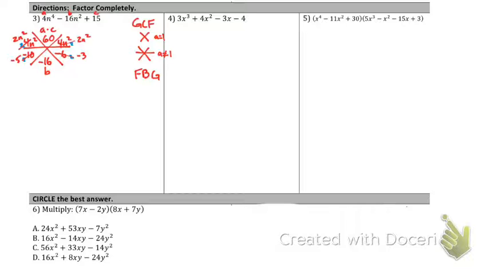So now I just write this down into its factored form. 2n squared minus 5 from the left side. And then 2n squared minus 3 from the right side. And we're done. We're not solving or anything like that. We are just factoring. Okay?